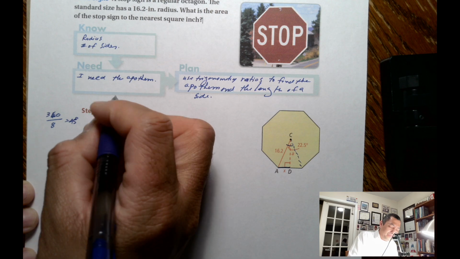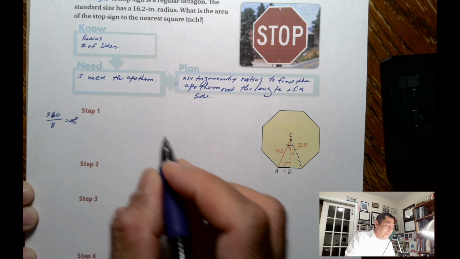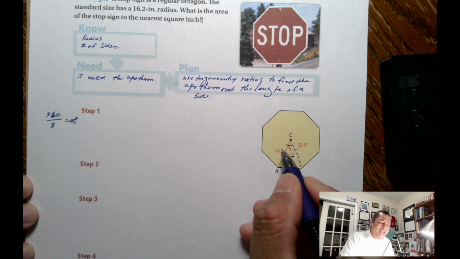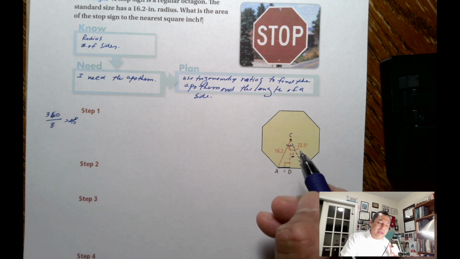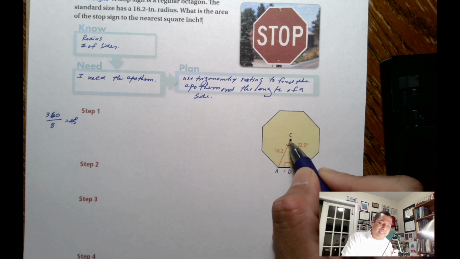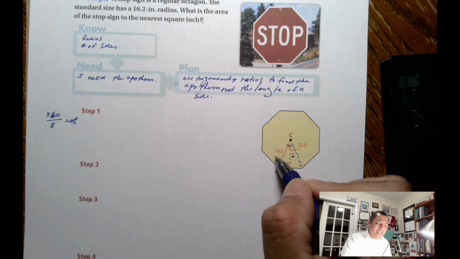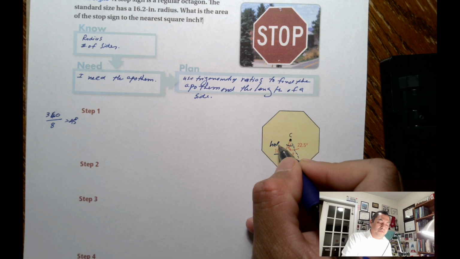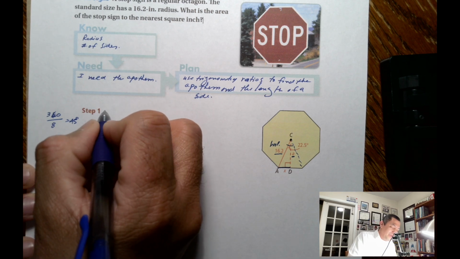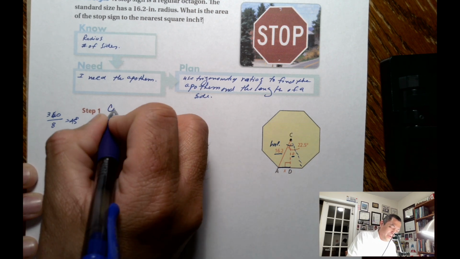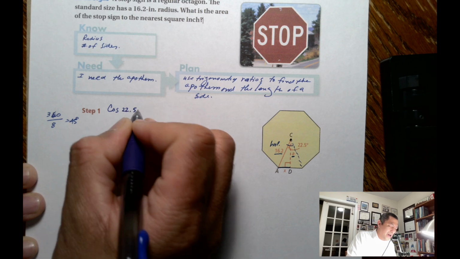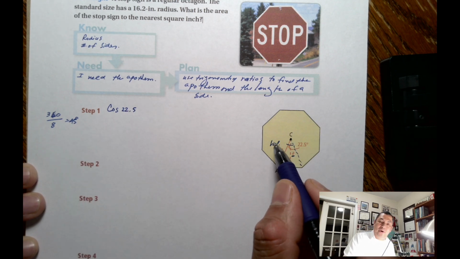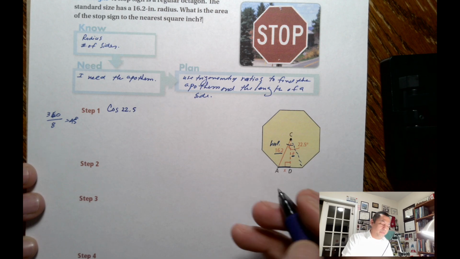In this case, this is the apothem. I do have X here, and they are giving me the hypotenuse, because the radius is the distance from the center to the side, and in this case is 16.2. So this one is my hypotenuse. So I'm going to have cosine of 22.5, because cosine is equal to adjacent over hypotenuse, which is A over 16.2.